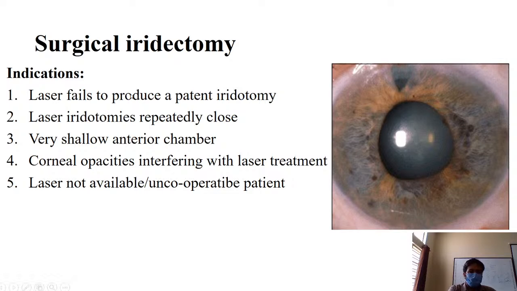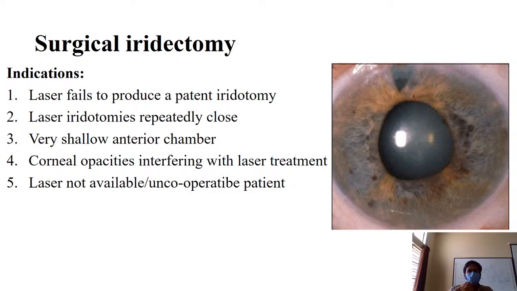And if laser iridotomies are repeatedly closing because of increased inflammation in the eye that is clogging the opening of the iridotomies. If the patient has a very shallow anterior chamber, there is a chance of the laser hitting the cornea, because cornea and iris are very close to each other.